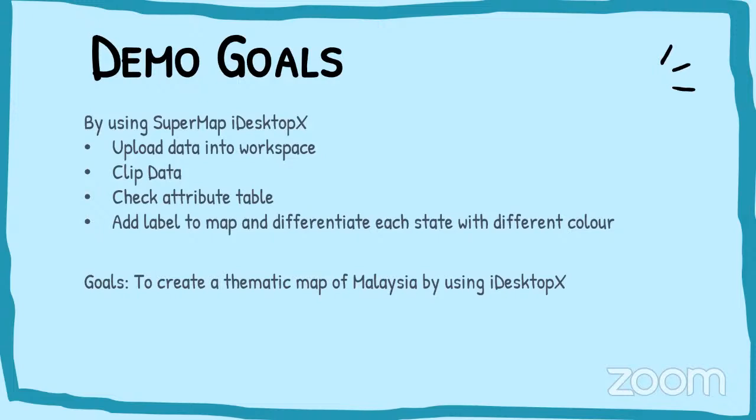We are first going to upload the data into the workspace, and then click the data and check the attribute table of the data that we uploaded. After that, we are going to add labels to the map, and differentiate each state or district with a different color, where we're going to create a thematic map of Malaysia using iDesktopX.